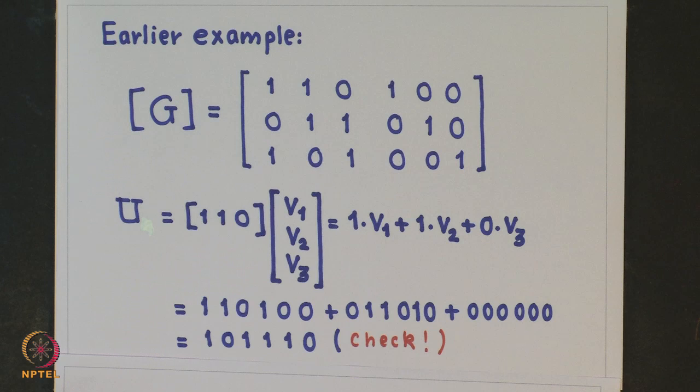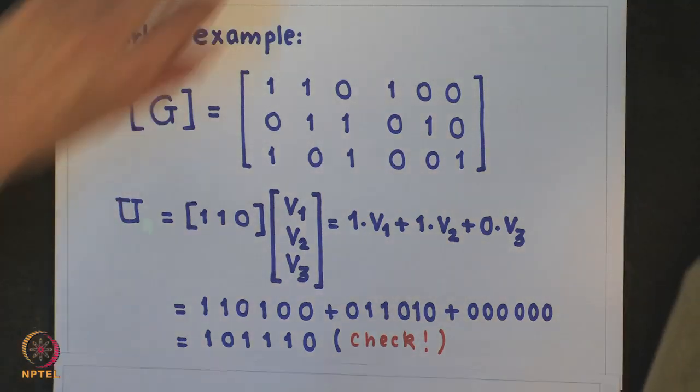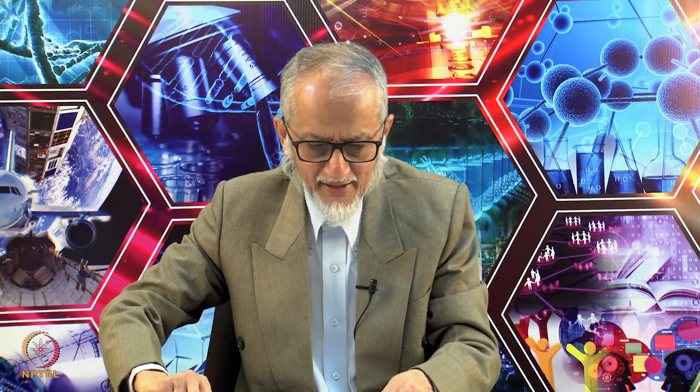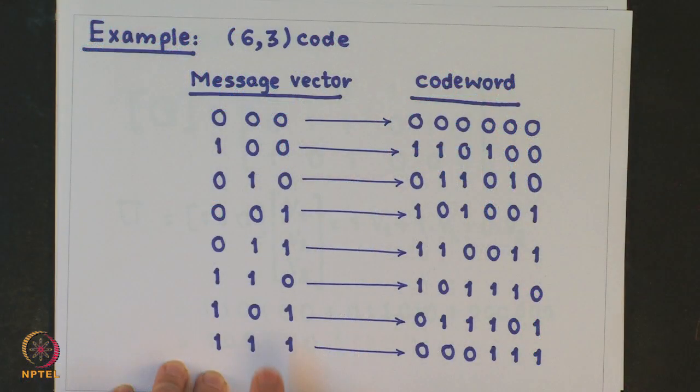and you can check that this is identical to what we had got earlier. Now, if you look at the 6,3 code word which we studied as an example here, it has some kind of a characteristic, and the characteristic is as follows.